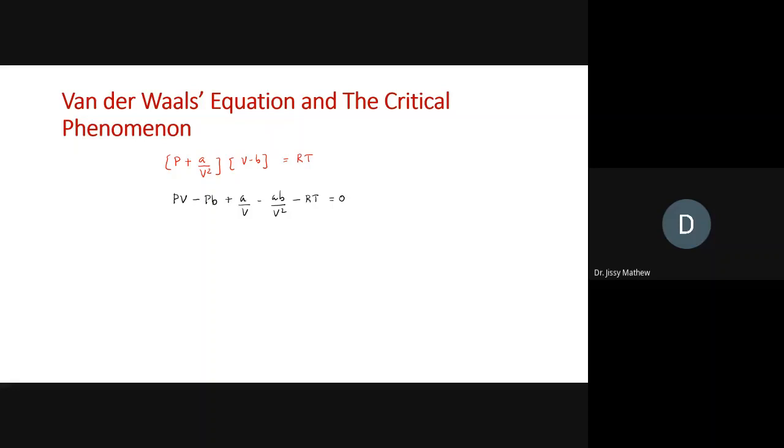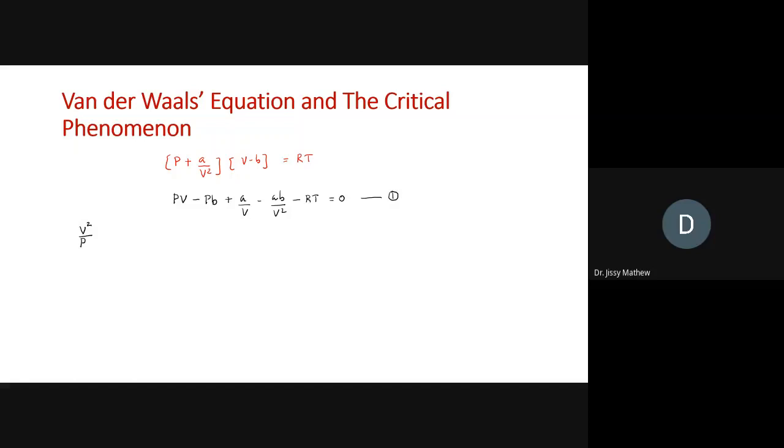If you multiply with V² and divide by P, let this be equation 1.